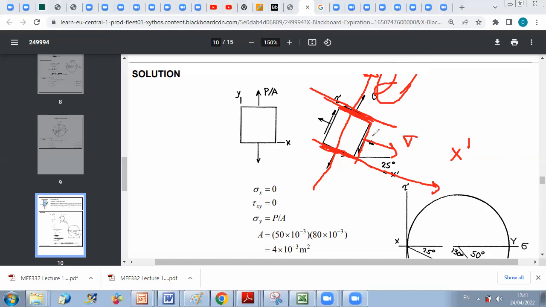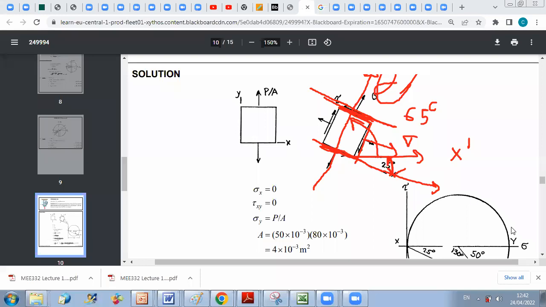Now as you can see here, we rotated from x to x prime an angle of 25 degrees in the clockwise direction, and we rotated from x to y prime an angle of 65 degrees in the counterclockwise direction.